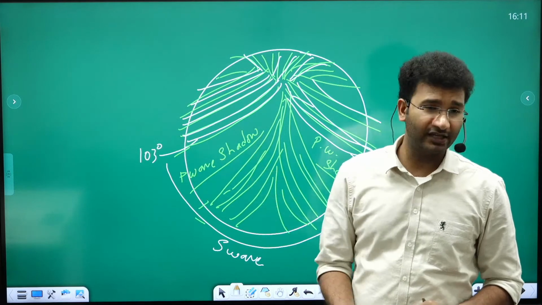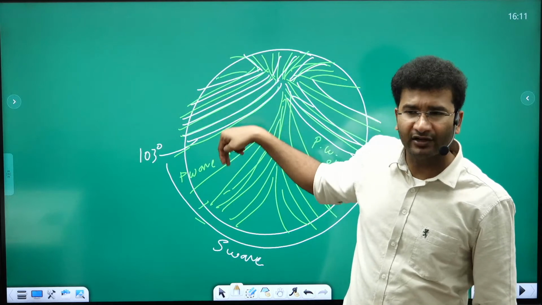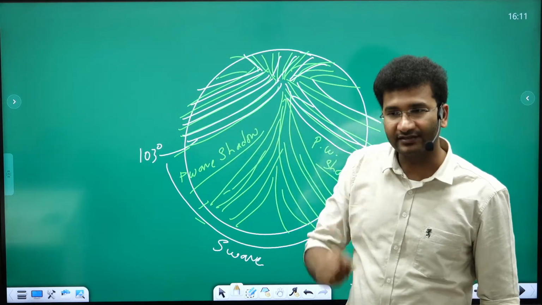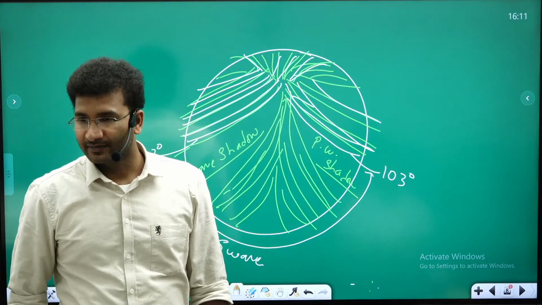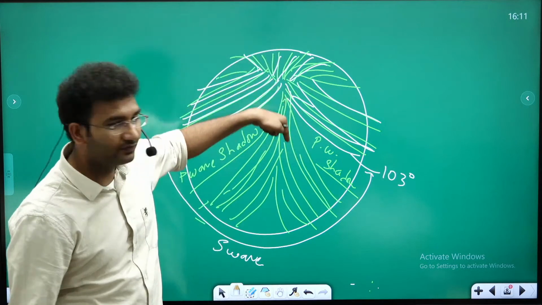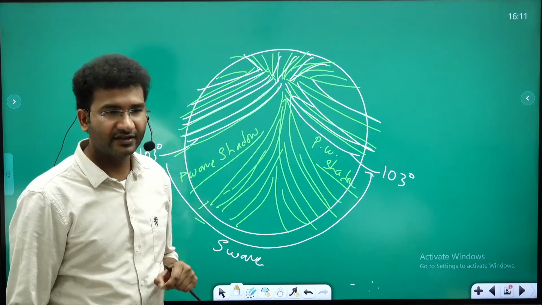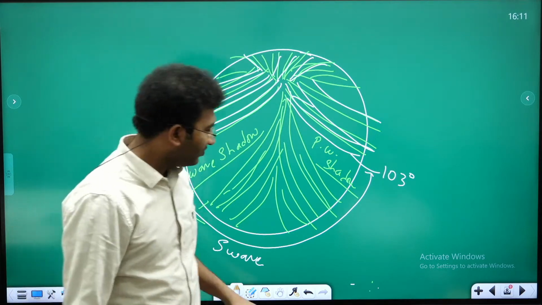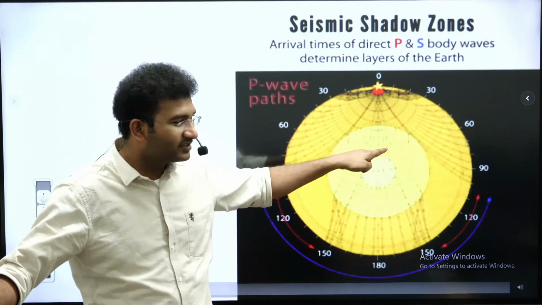And one more revealing factor is that as the P wave went deeper into the interior of the earth, its speed increased. It did not decrease. Why? Because as you go into the interior of the earth, the density of the material is increasing. I told you this is a liquid layer, right?